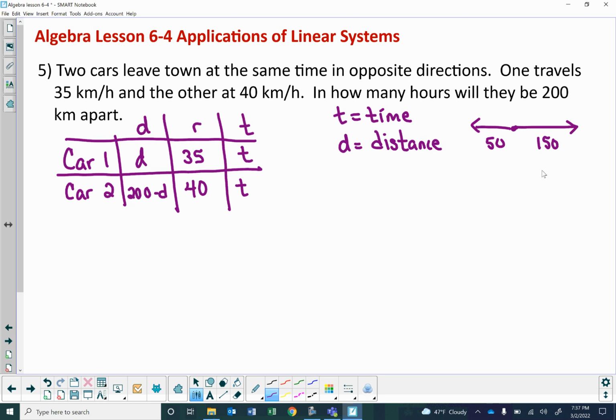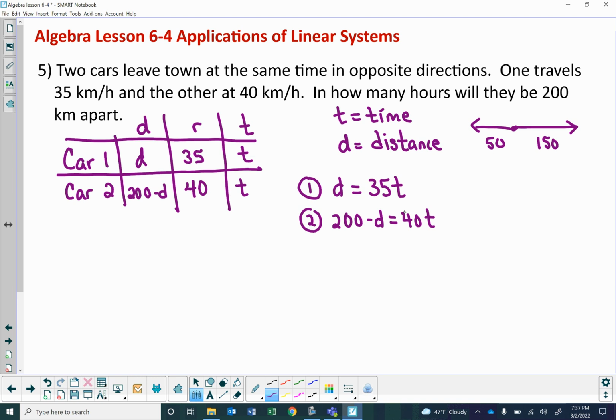So if I make my two equations here, remember distance equals rate times time. So the first equation for car 1 would be d equals 35t. For the second equation for car 2, 200 minus d equals rate, which is 40, times time, which is t.